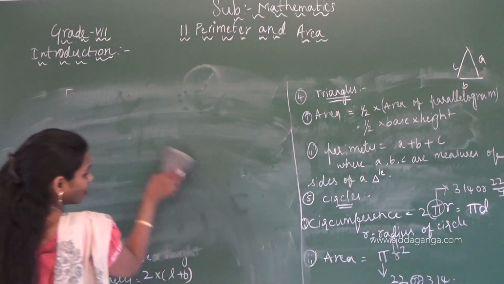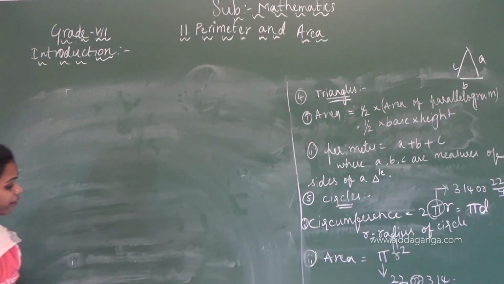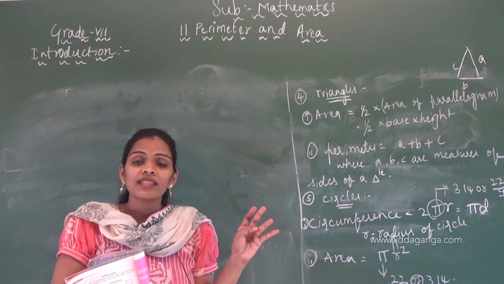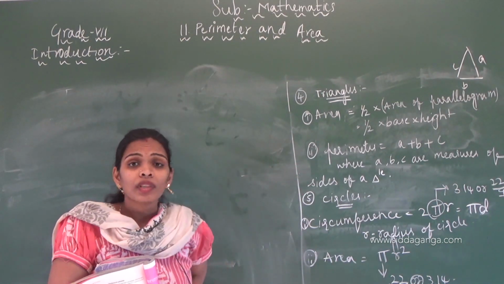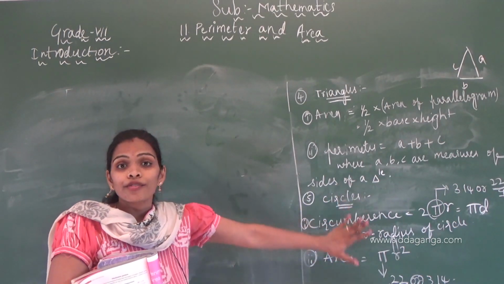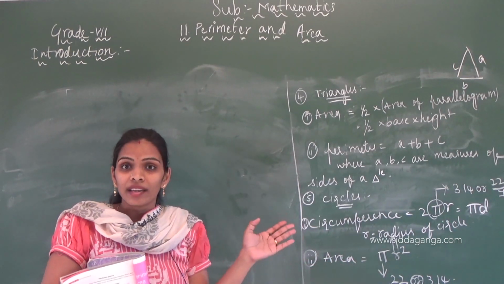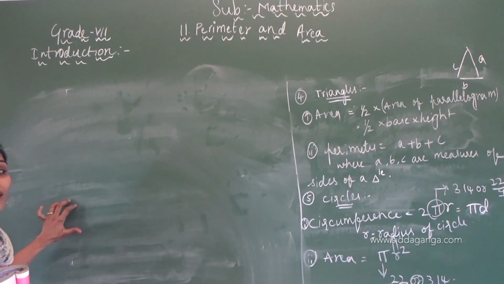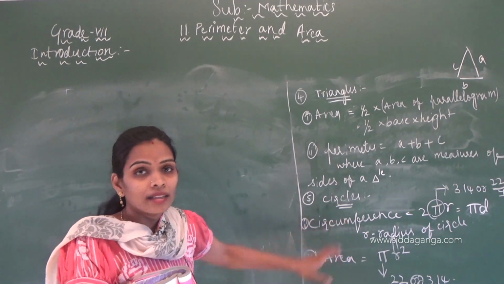The amount of surface covered by the circle is known as the area of the circle. These are the major formulae for areas and perimeters of squares, rectangles, parallelograms, triangles and circles.